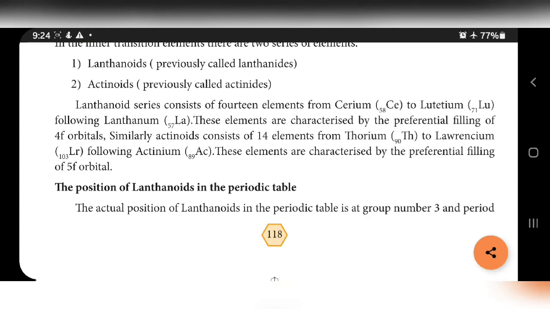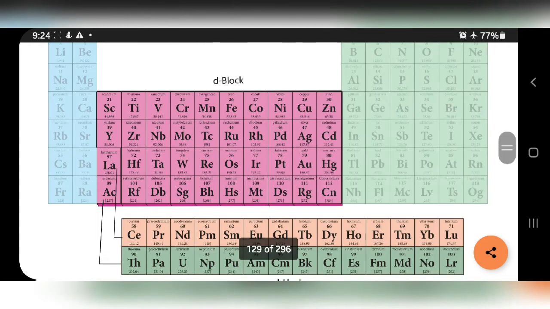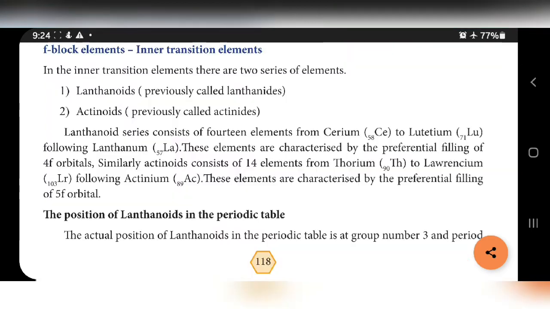Similarly, the actinoid series consists of 14 elements from thorium to lawrencium. These elements are characterized by preferentially filling of the 5f orbital. So for the actinoid series, electrons are filled in the 5f orbital.